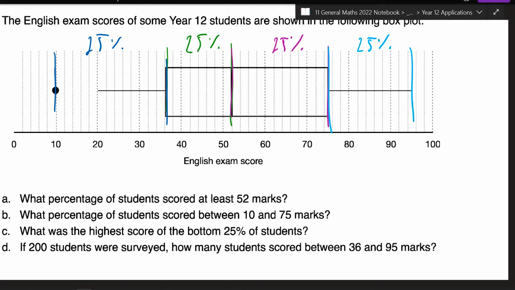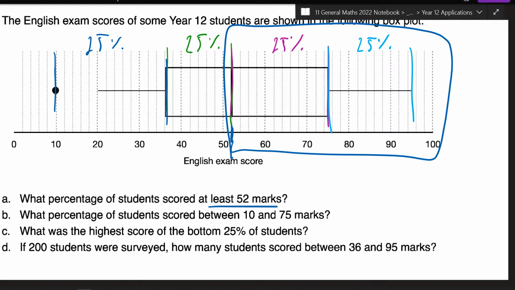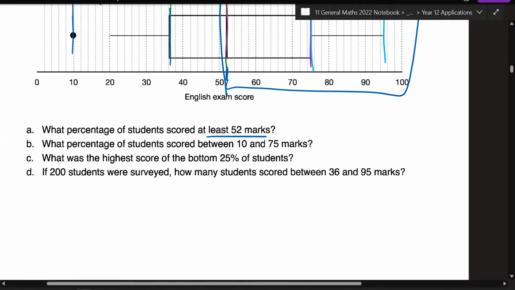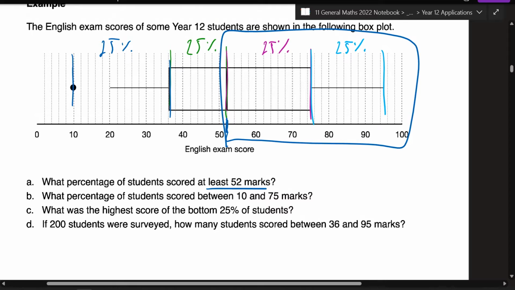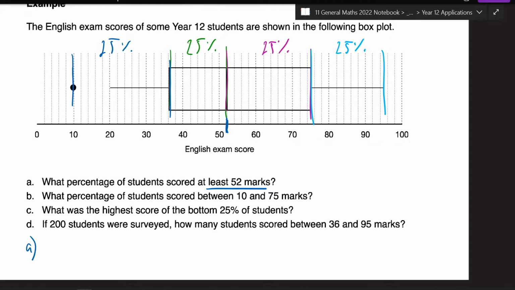So what percentage of students scored at least 52? What you're looking at is how many people scored minimum 52 marks. So you're looking at all of this. How much of the people scored at least 52 as a percentage? 50%, right? Because I'm looking at all of these and all of these.